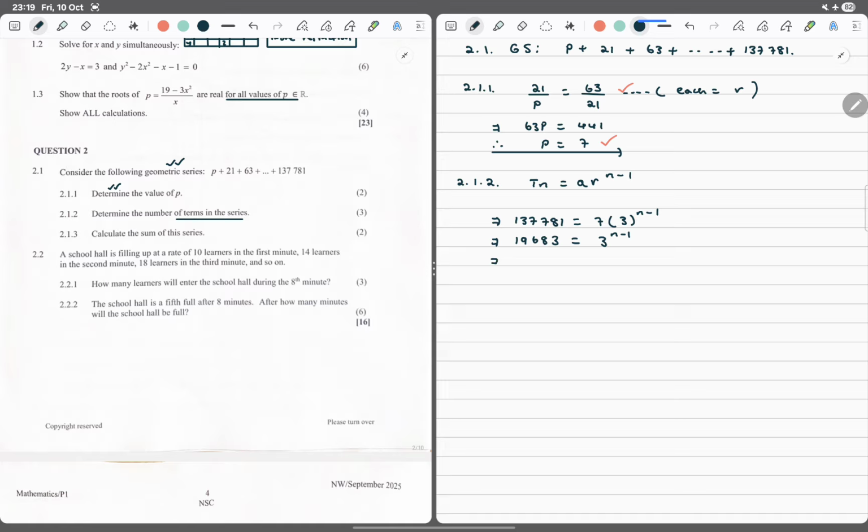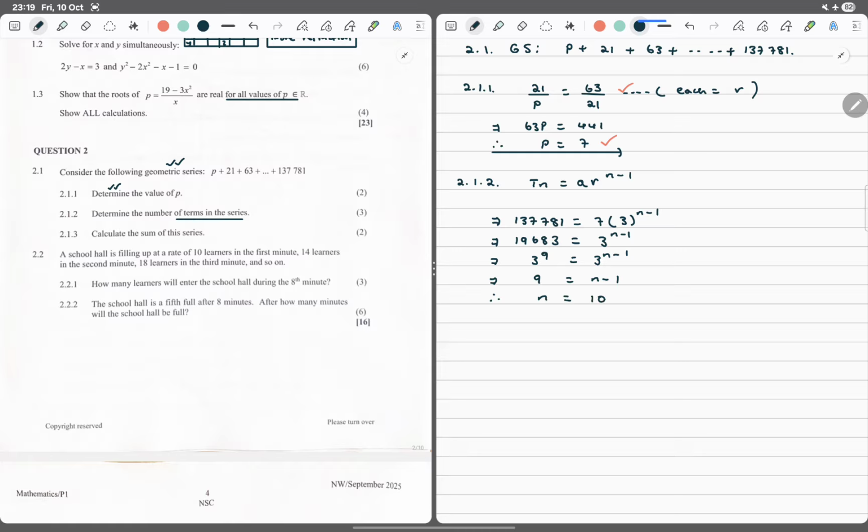So we factorise the left hand side. It gives us 3 to the exponent 9, which is equal to 3 to the exponent n minus 1. Now, using our laws of exponents, if the bases are the same, the exponents should be the same for the two to be equal.